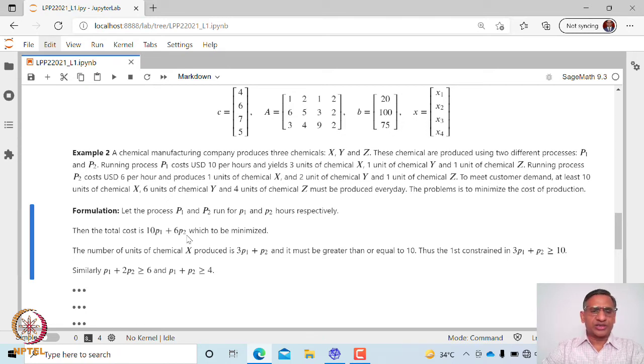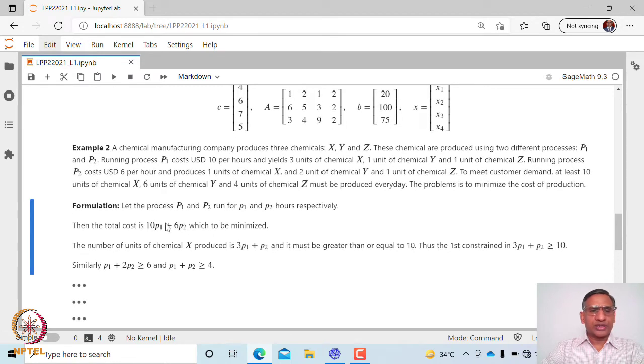This is the objective function. Now, if P1 runs for p1 hours and P2 runs for p2 hours, the number of units of chemical X produced will be 3p1 plus p2, and the total requirement of X is at least 10. So 3p1 plus p2 should be greater than or equal to 10.